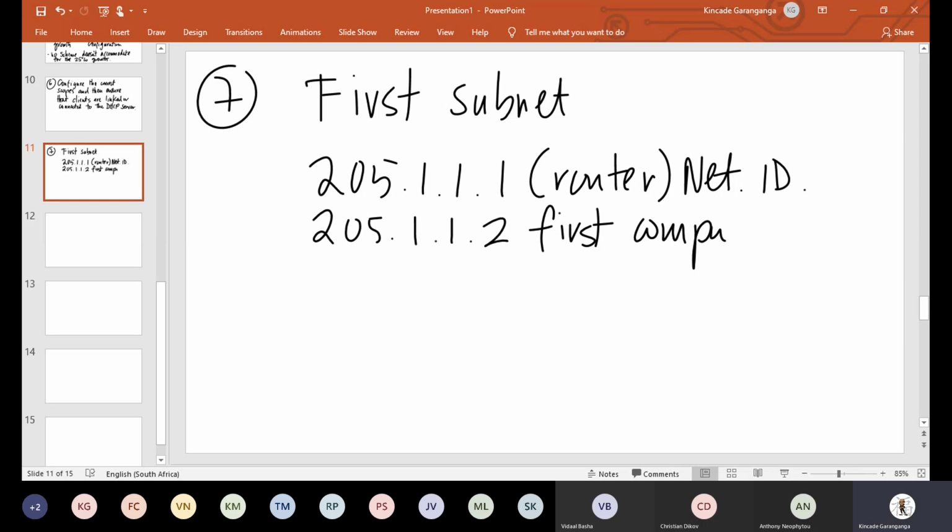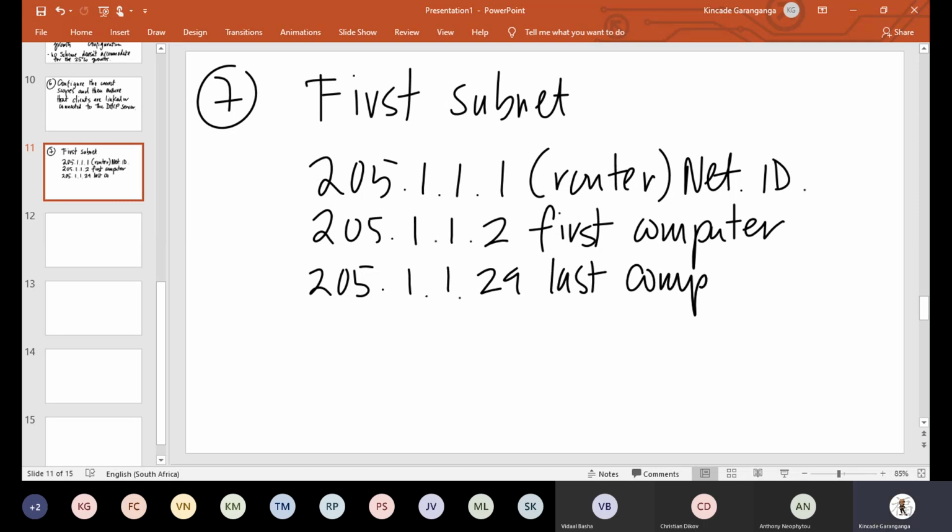So this is now part of our range, or part of our distinctive scope. And then ultimately, the last computer system there is going to be 205.1.1.29. So that's our last computer. And then 205.1.1.30. Remember, we've got 30 machines per subnet, is going to be our broadcast.